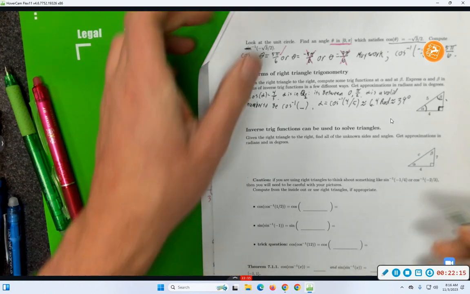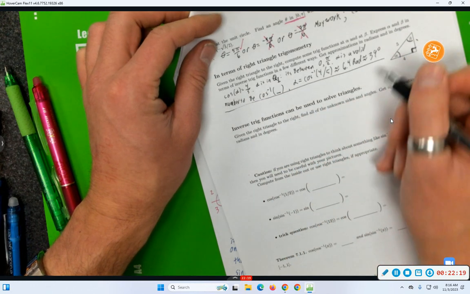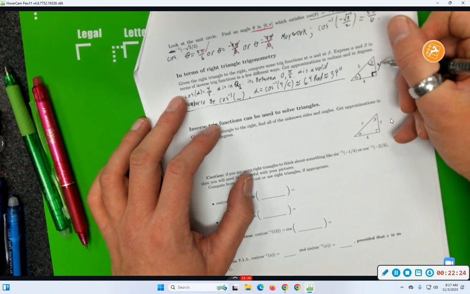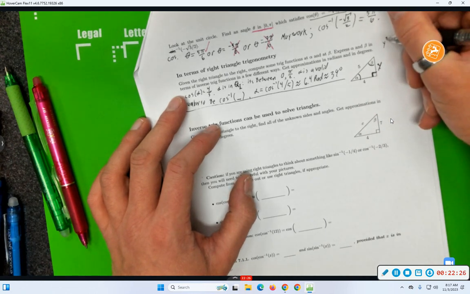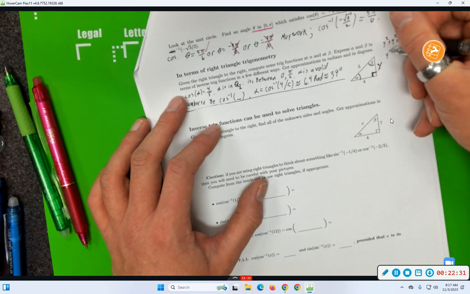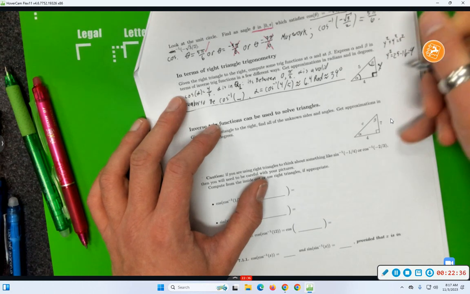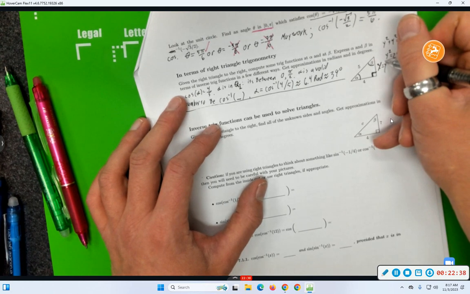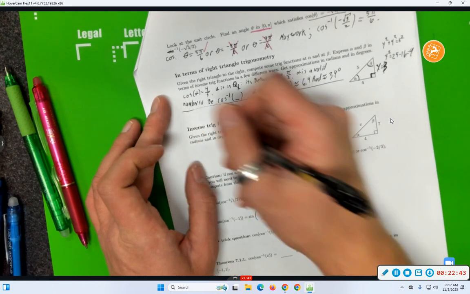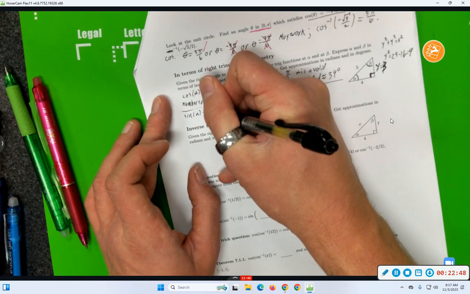So let's notice one thing about this. That's not the only way you could have detected the angle alpha. If that's a 4 and that's a 5, then this opposite side, y, should satisfy y squared plus 4 squared equals 5 squared. That means y squared equals 25 minus 16, which is 9. That side y is 3. So I also know that the sine of alpha is 3 over 5.